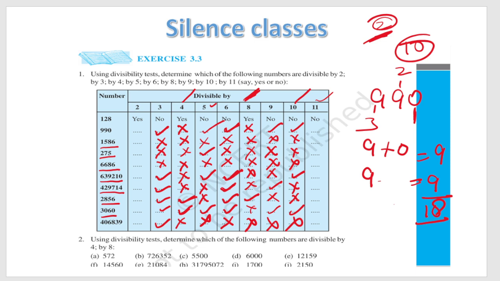If the sum is coming 0 or a multiple of 11, then we can say the number is divisible by 11.